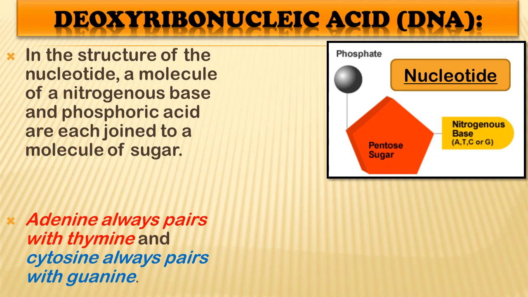Pentose means there are 5 carbon atoms in the sugar molecule, and this sugar is attached to the nitrogenous base. We have 4 types of nitrogenous bases, that is A, T, C or G: adenine, thymine, cytosine and guanine. As there are 4 types of nitrogenous bases, nucleotides are also of 4 types, and nucleotides are arranged like a chain.